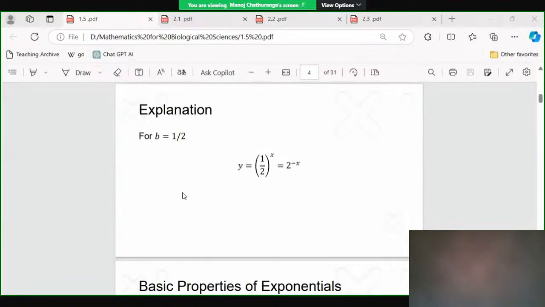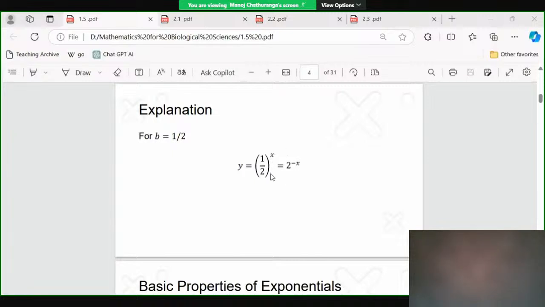Imagine you choose b equals 1/2. So your base is 1/2. If the base is 1/2, (1/2) to the power x, you can write it as 2 to the power minus x.